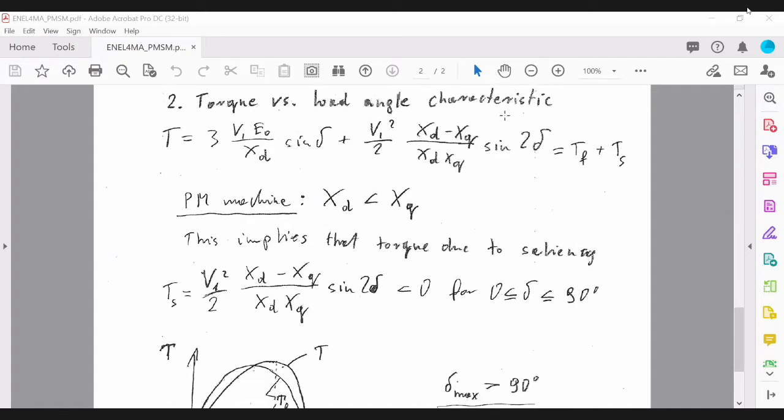So basically this component here is less than 0, meaning that it's negative, right?